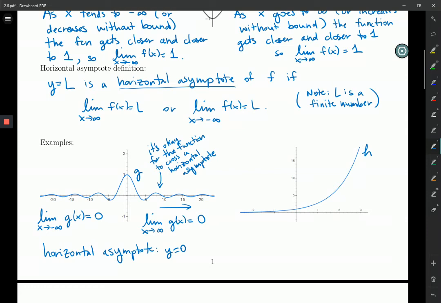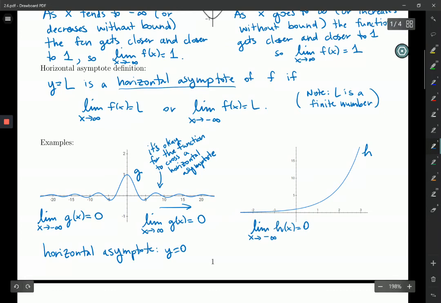Okay, so here we have another example. Notice that this is actually an exponential curve. We know that exponential curves have this asymptote at 0. I think we mentioned that before, but now we have a way of writing this down and a proper definition. So the limit as x goes to minus infinity of this function is equal to 0 because the graph gets closer and closer to 0 as we go out towards negative infinity.